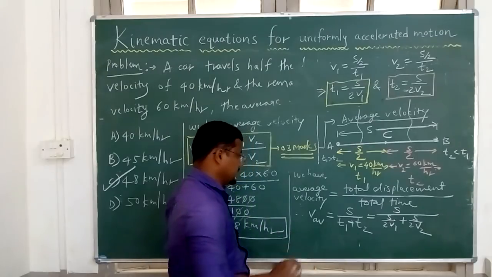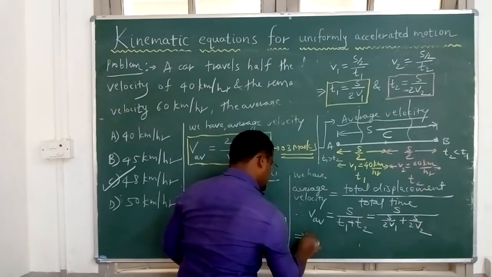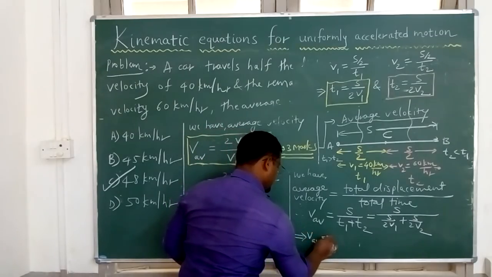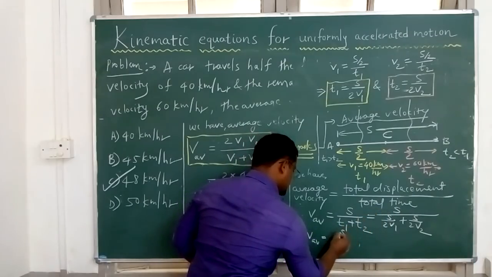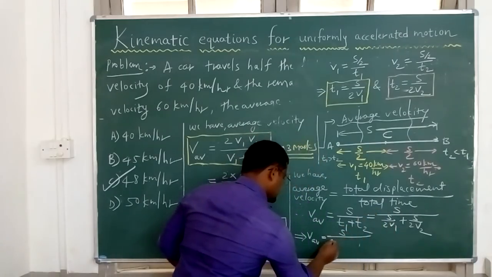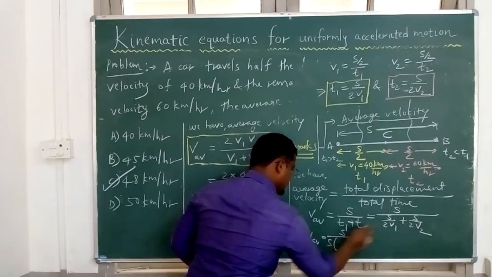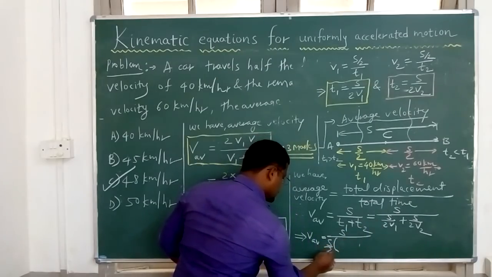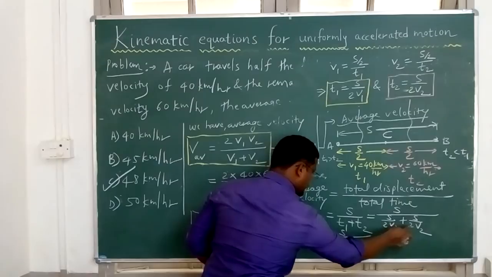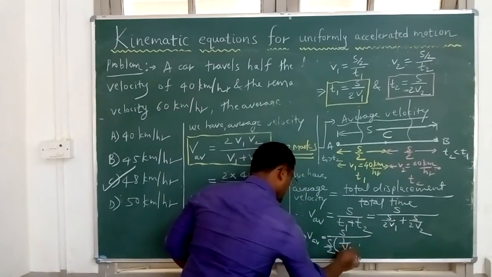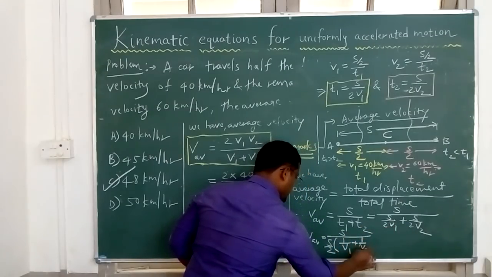So this implies V average is equal to numerator S divided by, S by 2 is common, and we remained with 1 by V1 plus 1 by V2.